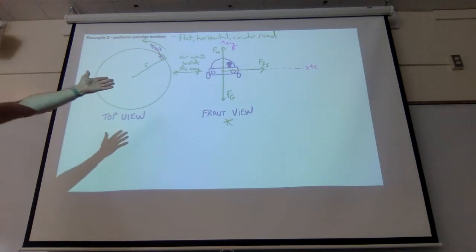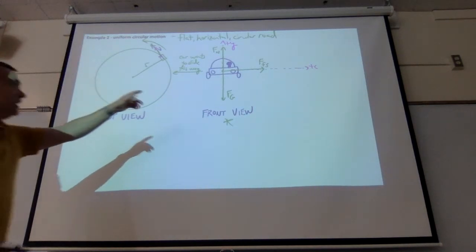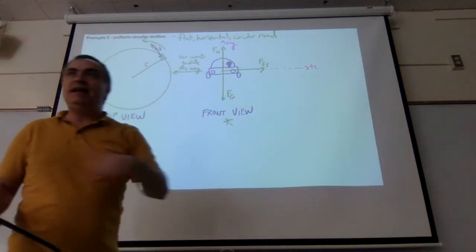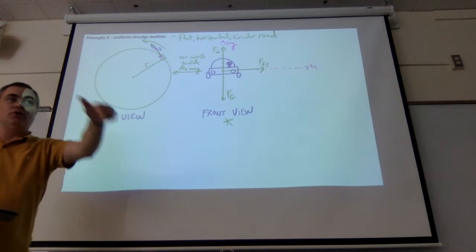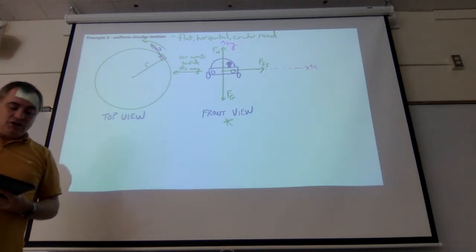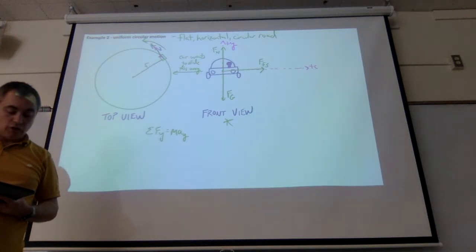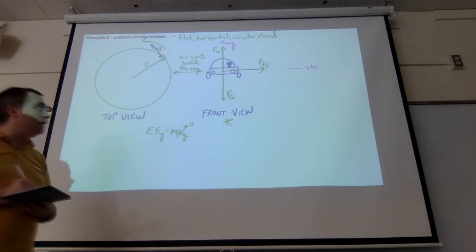So this is our free body diagram. It's this friction force that forces me to stay in the circle and keeps me on the road safe, okay? So let's write out some equations in the y direction. Is it accelerating in the y direction? No. It's not moving up and down.